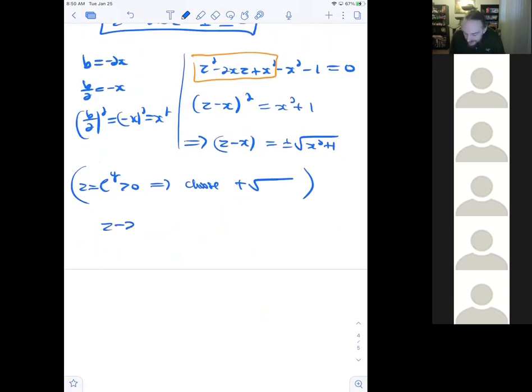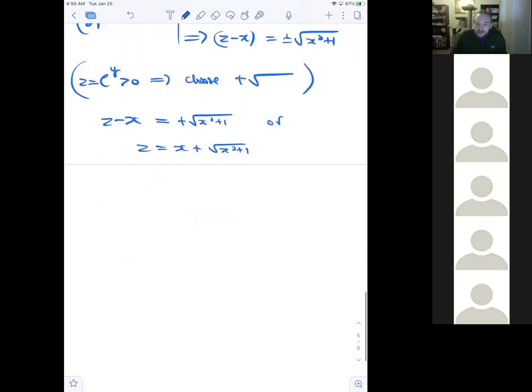This says that z minus x is equal to positive the square root of x squared plus 1, or z equals x plus the square root of x squared plus 1. But z equals e to the y equals x plus root x squared plus 1.